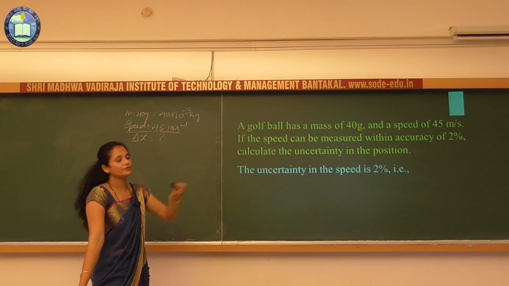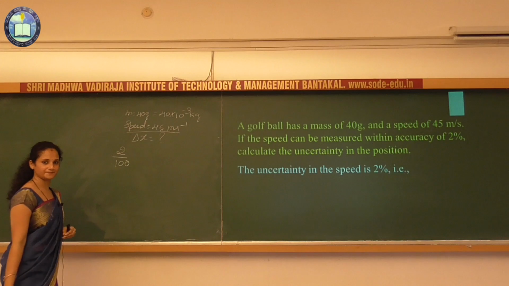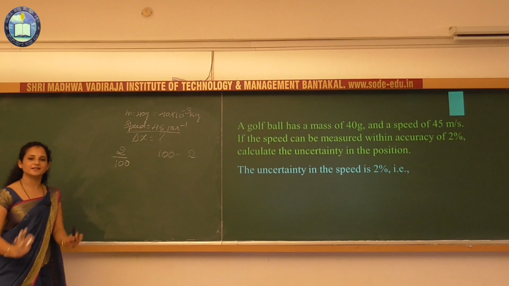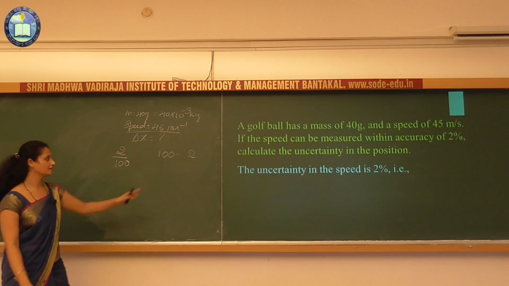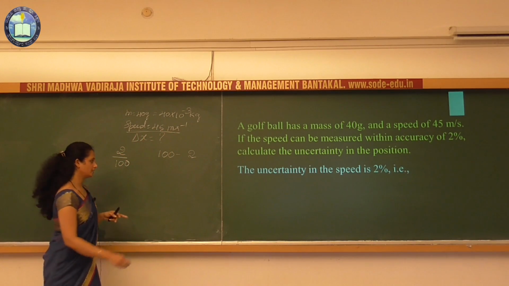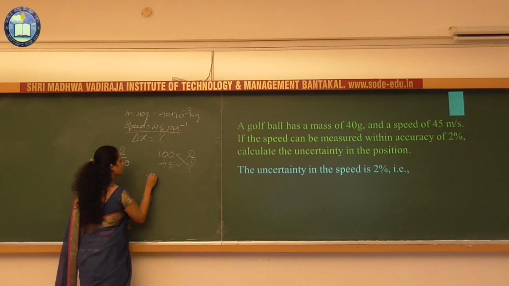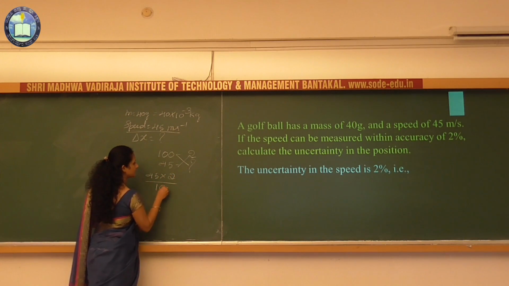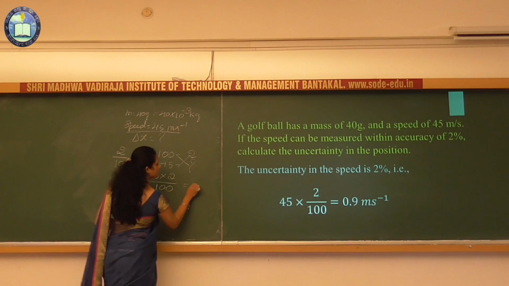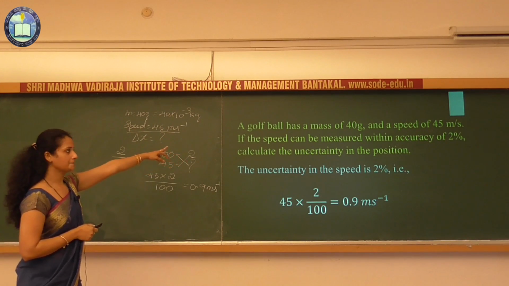Within an accuracy of 2% means 2 in 100. If it is 100, you get an error of 2%. So for a speed of 45 meter per second, how much is the uncertainty? 45 into 2 by 100, which is 0.9 meter per second.